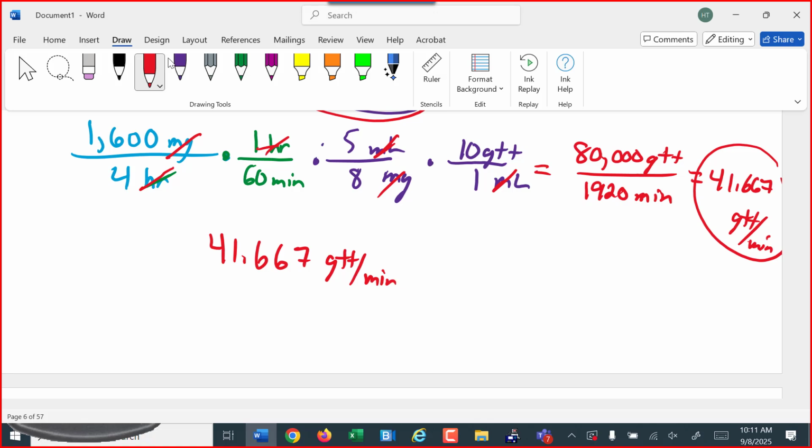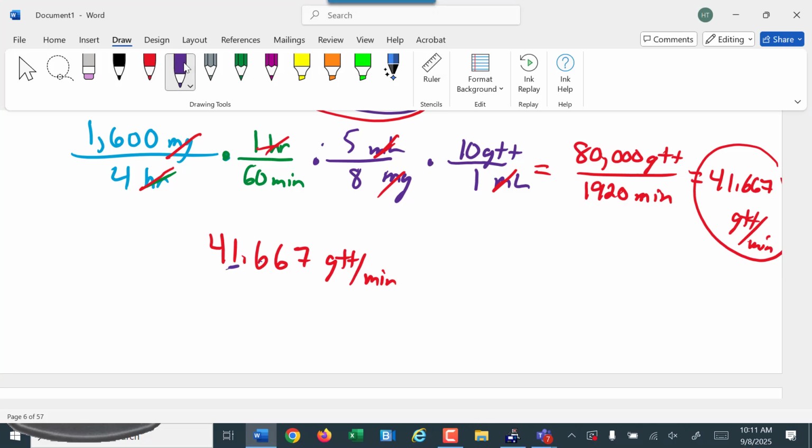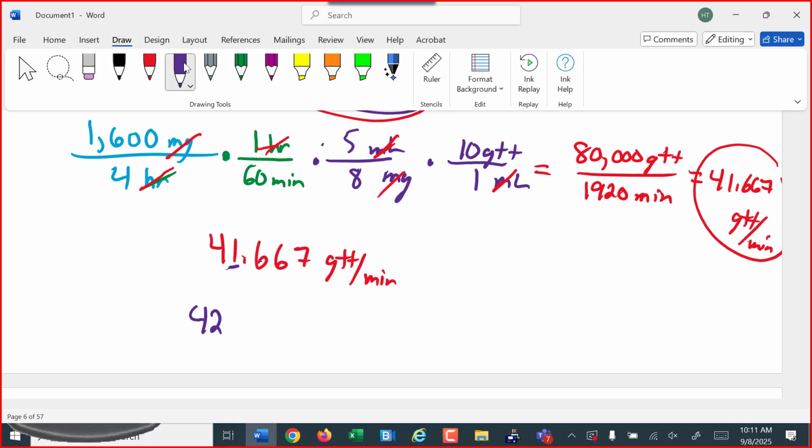But some infusers have to be to the nearest drop. If that were the case, this would round to 42 drops per minute. Other infusers go to 2 decimal places. If that were the case, it'd be 41.67 drops per minute. Either one is just a variation in rounding.